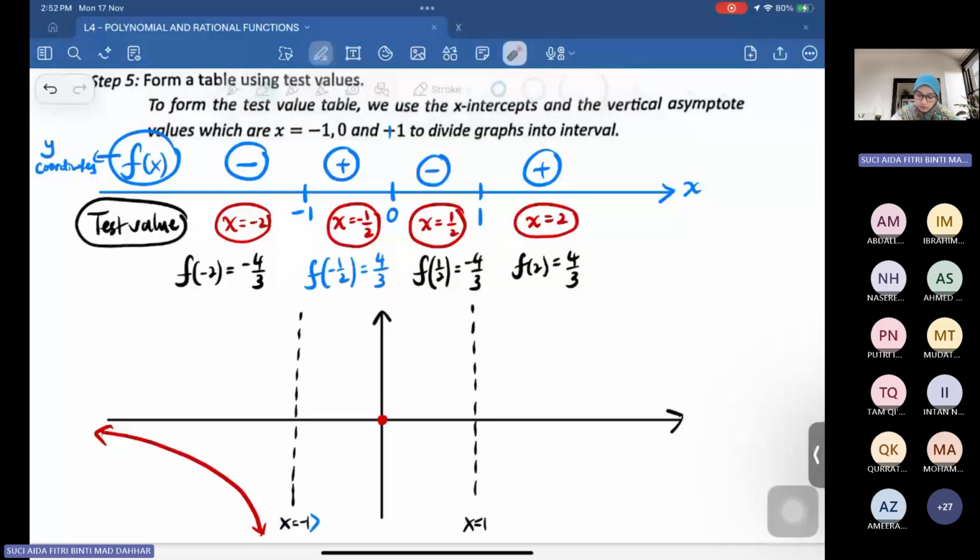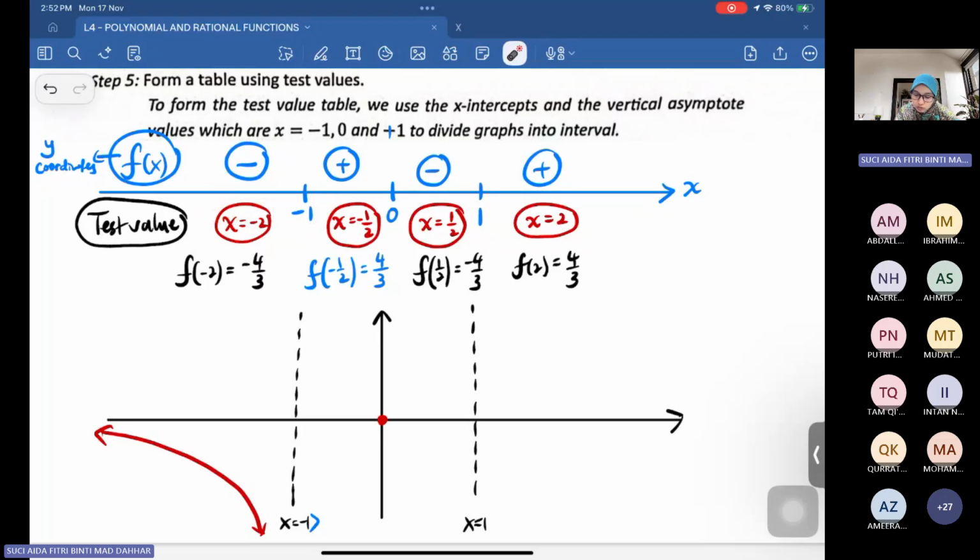That's why our graph is like this, going downwards without meeting x equals -1, going outwards without meeting y equals 0. That is the first part before -1.